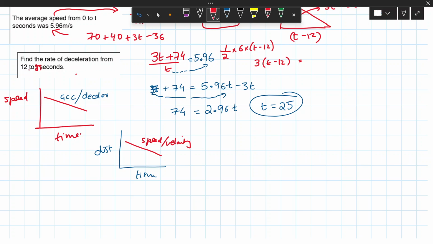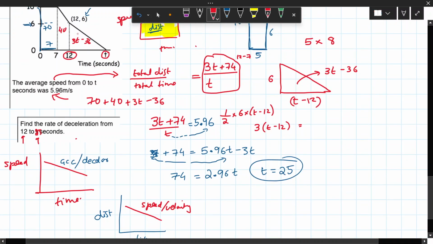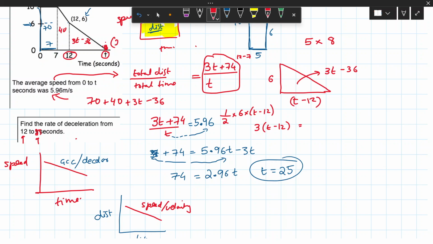So what we need is we need to find the gradient from 12 to 25. So this point right here, x coordinate is 25, y coordinate is 0 because I've hit the x-axis.